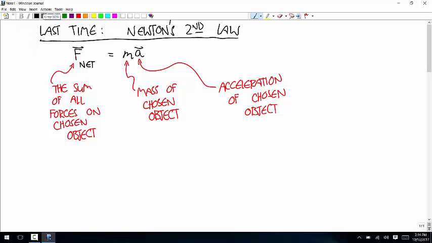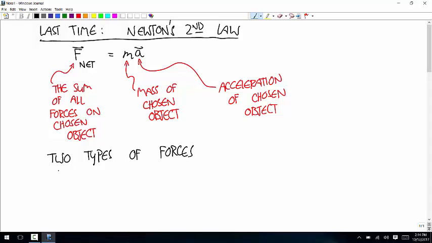And I said last time that I want to break up all the forces that are going to be applied to objects in this class into just two types. Two types of forces.